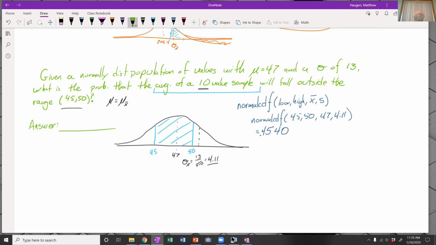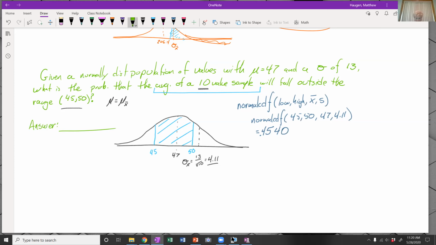What I tried to do was first do CDF for 45 down, then CDF for the -1E99, then subtract the CDF for the 50. That wouldn't have given you the right sign, because you're subtracting them backwards.